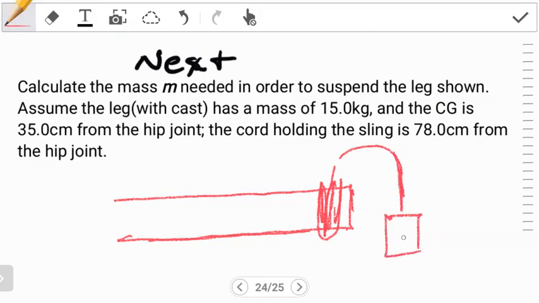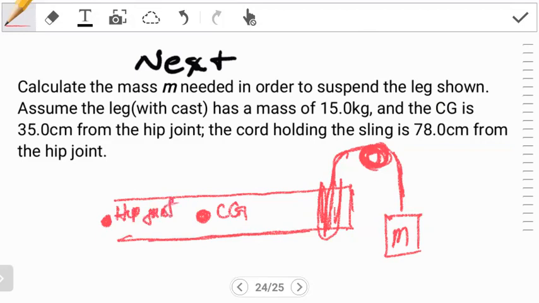And then this mass is given. So we have some pulley here. The next thing you're being told is that somewhere here we have the center of gravity, so that is the CG. And then apart from that, at the far end, we have the hip joint.